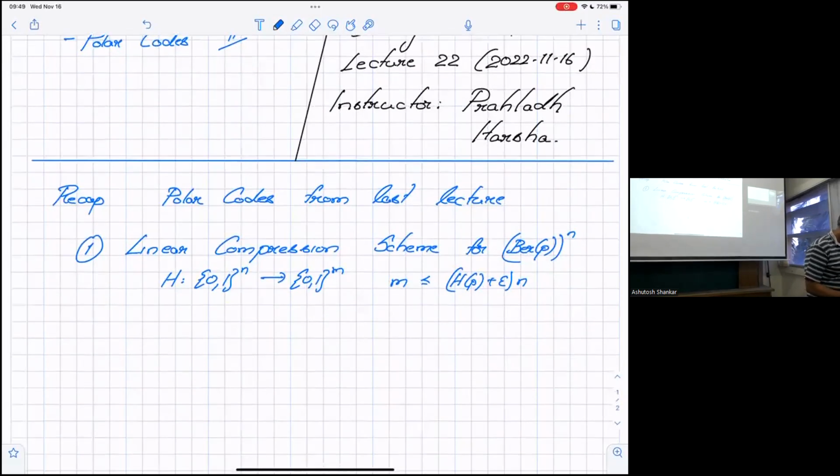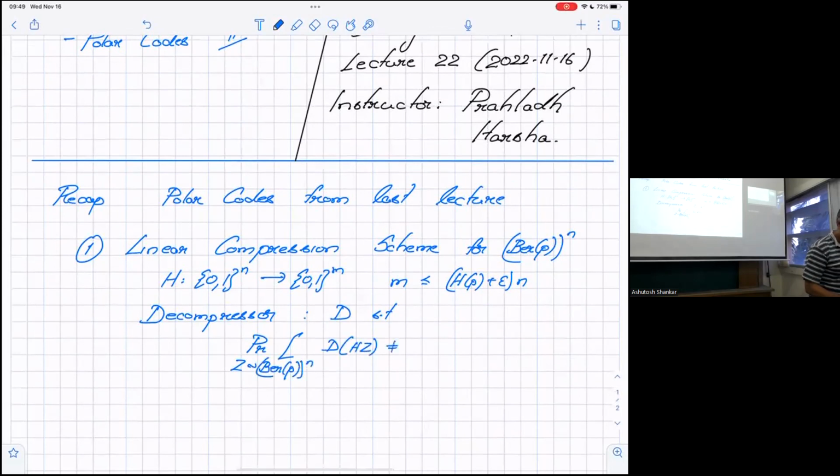We want a decompressor D such that when you pick a z from Bernoulli(p)^n and you feed D of Hz, the probability that you don't get z back is really small. We want this to go exponentially small.